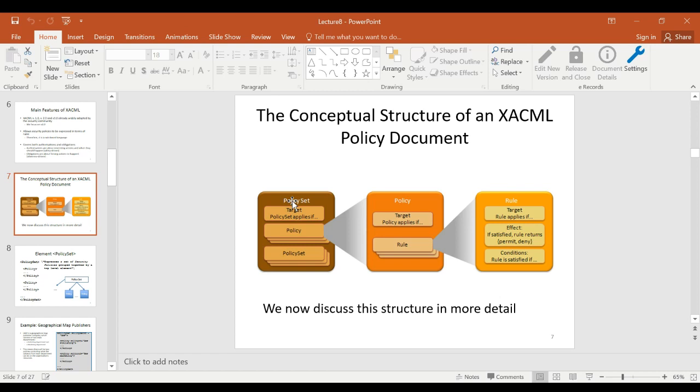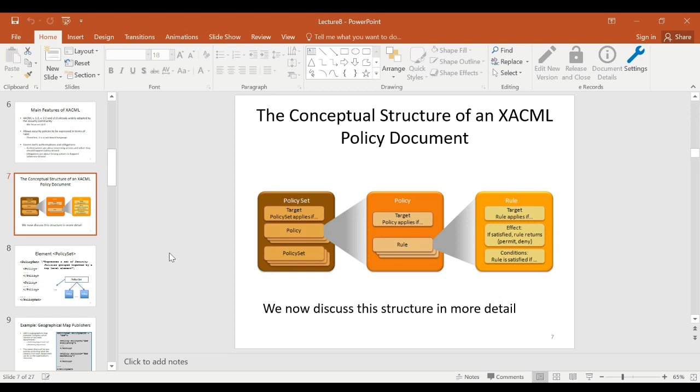That would be the decision of the policy set, in other words. In order to do that, we have other algorithms that combine the decisions for multiple policies, and those are called policy combining algorithms. Again, you can write them in whichever way you want, but there are some predefined policy combining algorithms, which more or less mirror the same ideas that we saw earlier with the rule combining algorithms.